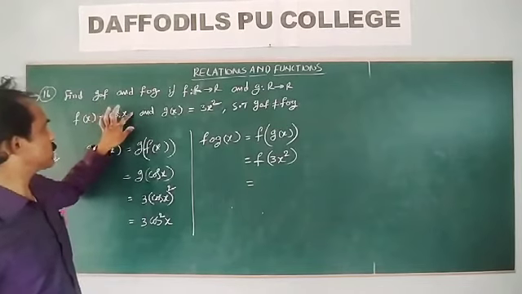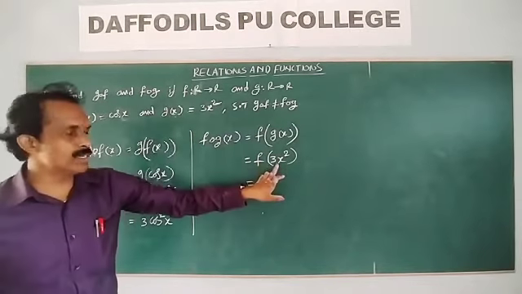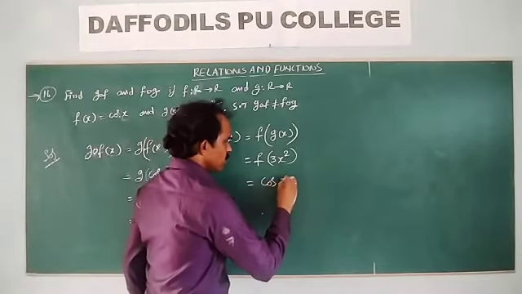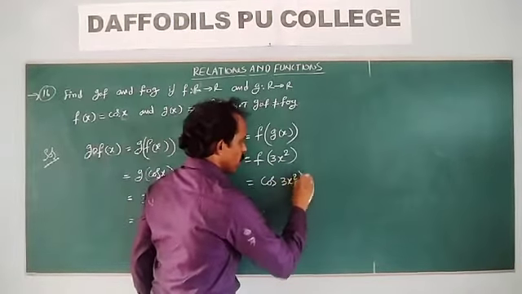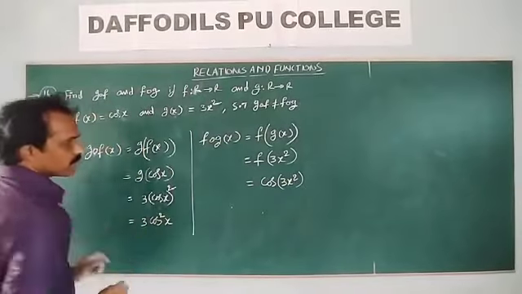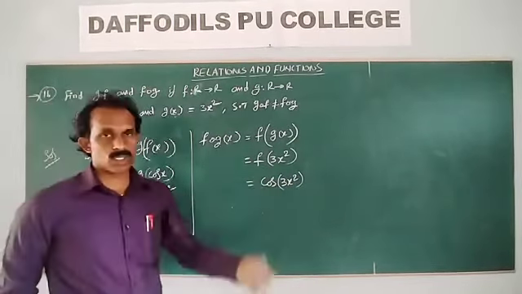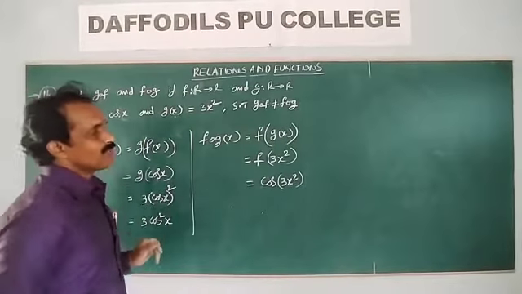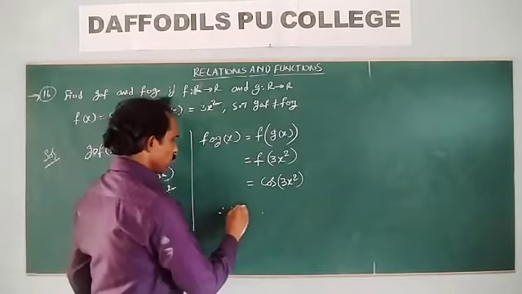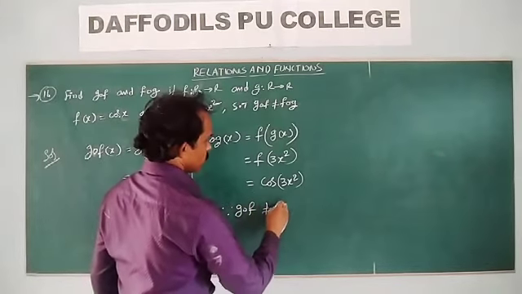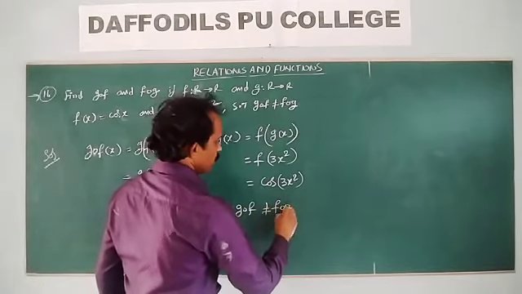So here, in the x place, substitute 3x square: cos 3x square. Observe whether both are different or same. This is 3 cos square x. This is cos 3x square. Therefore, both functions are not equal. Therefore, g circle f is not equal to f circle g.